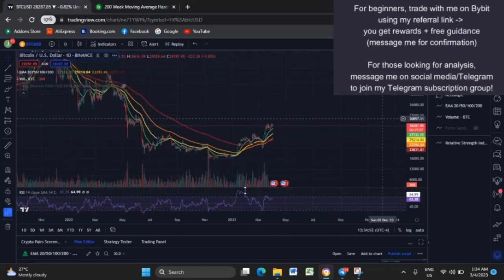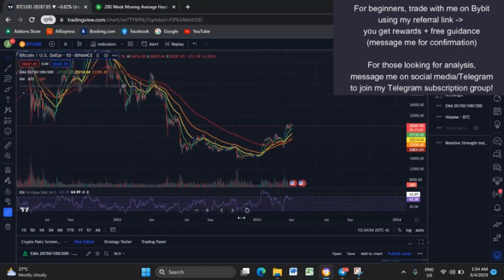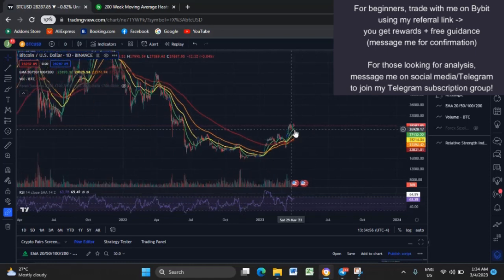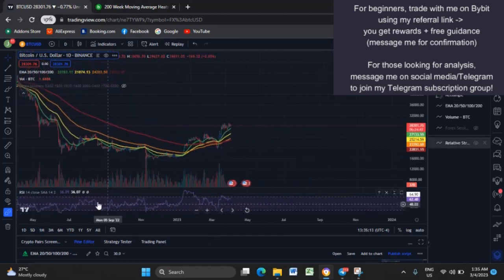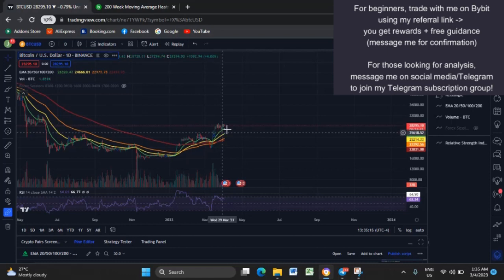So some are calling for a bull run from now on. So I would like to see that this trend continues, whereby all the moving averages slope upwards and the green continues to stay above the rest of the moving averages, and price is also above the green moving average, the 20-day, which shows that we could be on a next bull run soon if this can be sustained, right?